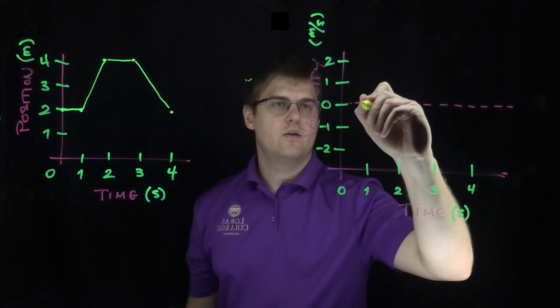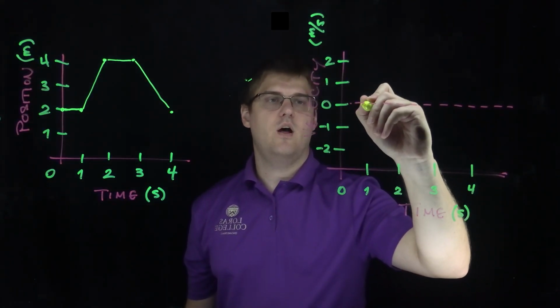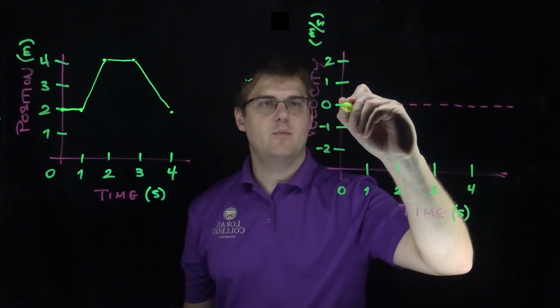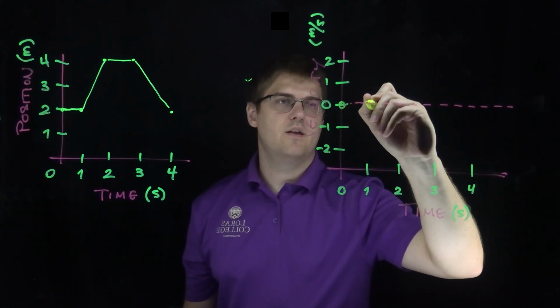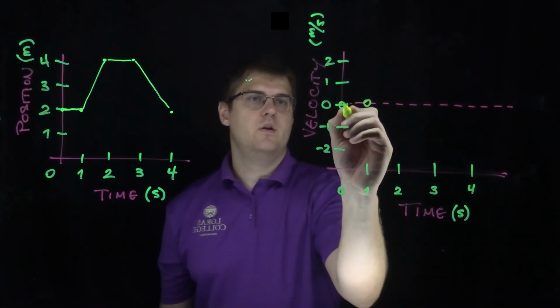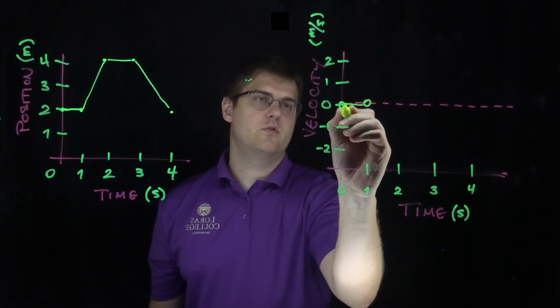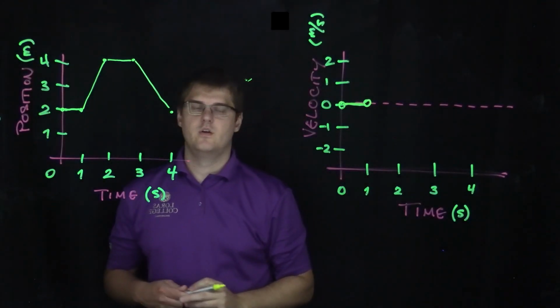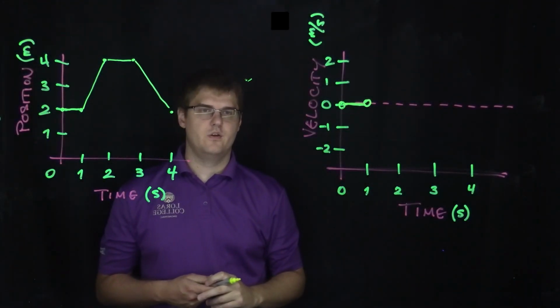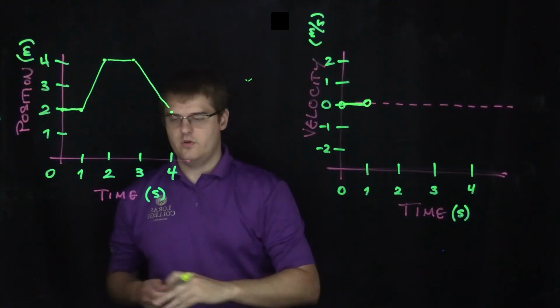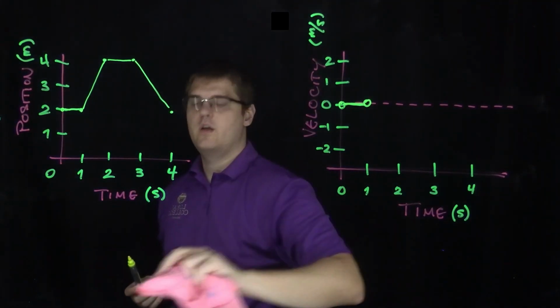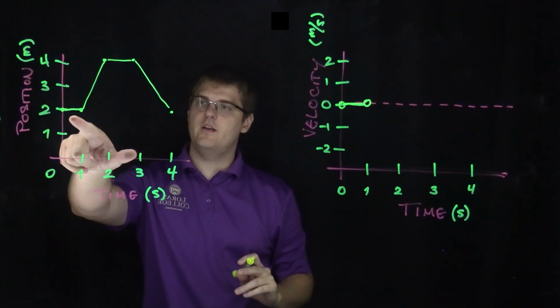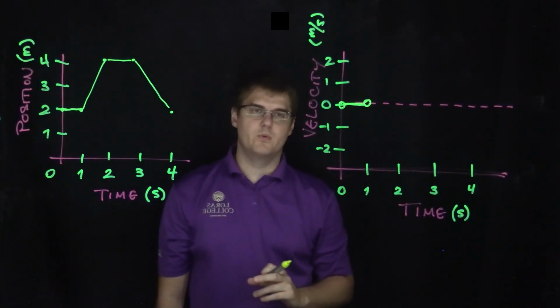So we can say that our velocity between time 0 and time 1 is going to be 0 meters per second. So we have a straight line right there. First piece all set. The other thing you can do is look at this line and ask, what is the slope?